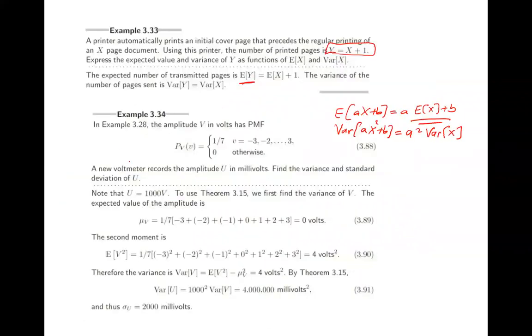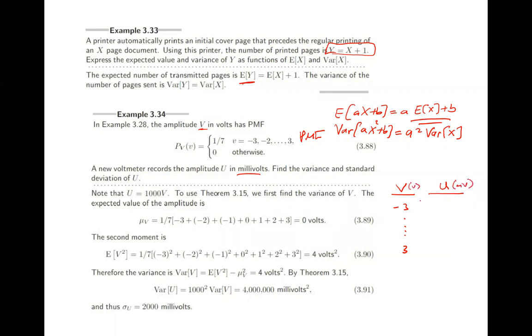So here we are given a voltage value with this PMF, and now the new voltmeter records the amplitude in millivolts. So if we have a V here, let's say minus 3 goes to 3, okay? So what about U? This is volt, this is millivolt.